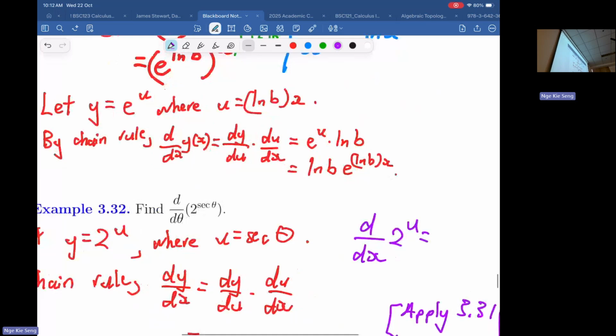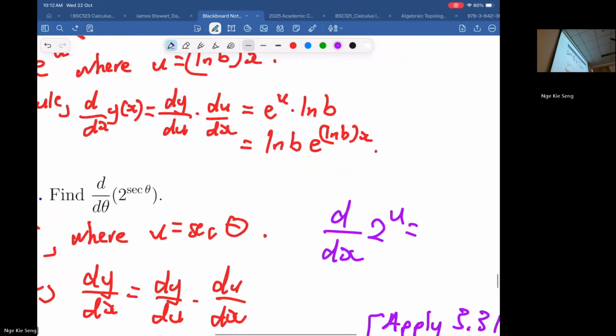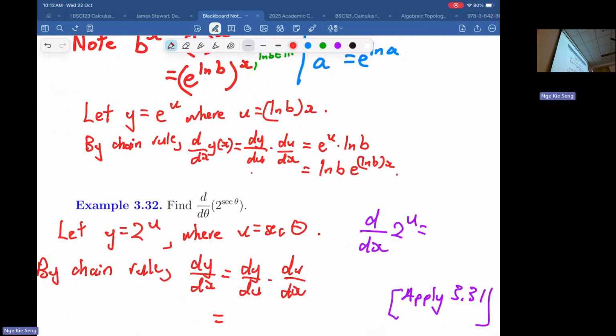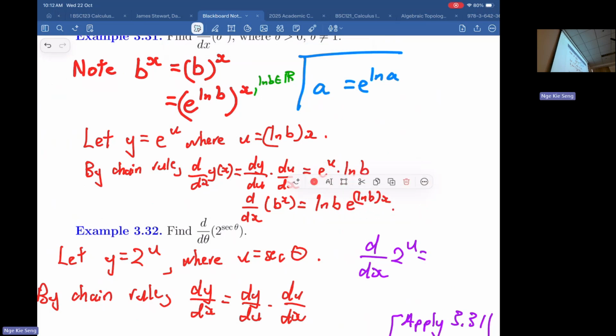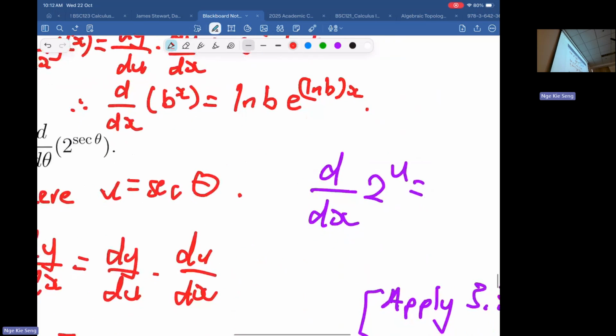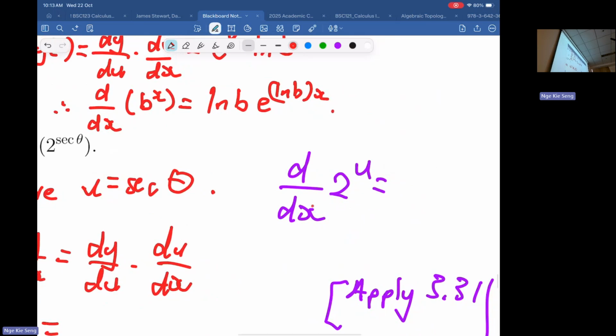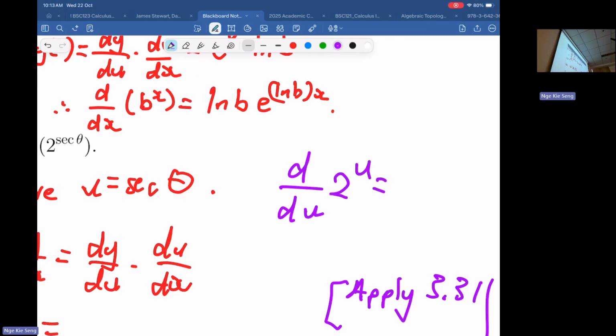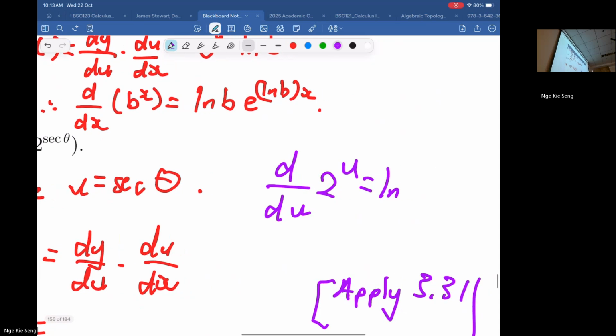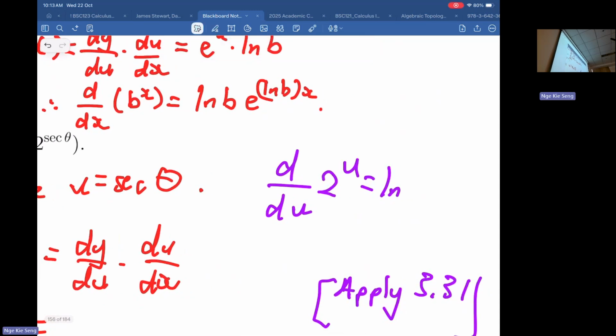Let's see this one. Maybe I'll rewrite here d over dx of b to the x equals this. This is my formula now. Can you apply it to 2 to the u? So here should be u, right? So apply the formula, what do you get? Replace your b. What's your b in this case?